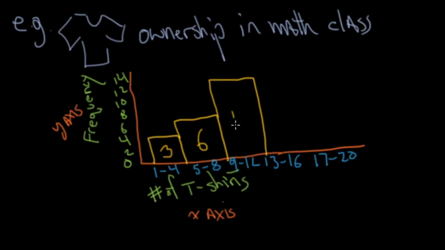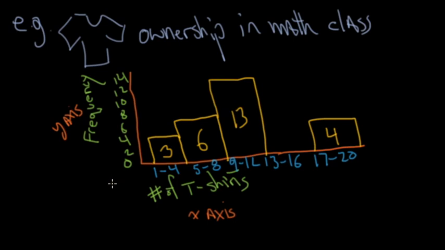So something you want to be noticing is that my bars are touching. Now, 13 to 16, nobody owned 13 to 16, but there were 4 students that did own 17 to 20. So this is interesting, right? Even though nobody had 13 to 16, you would still leave a blank space there.